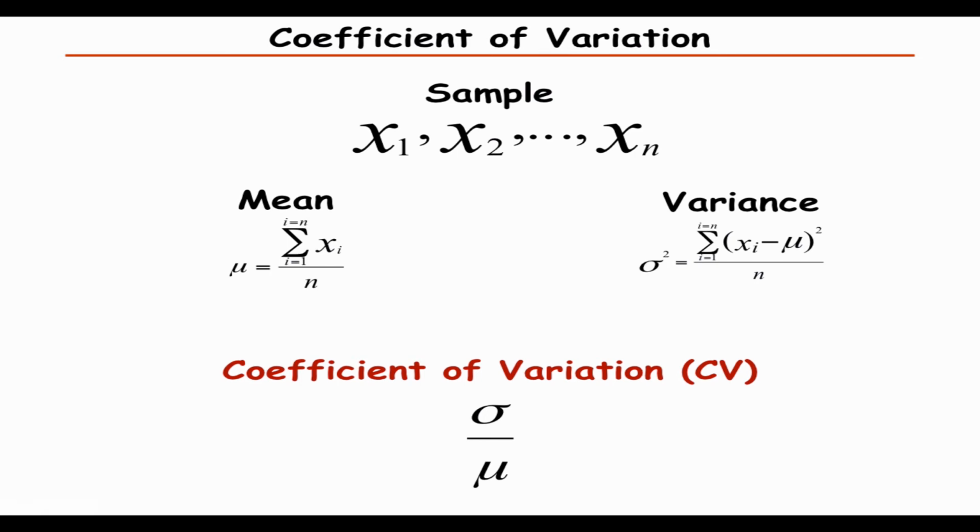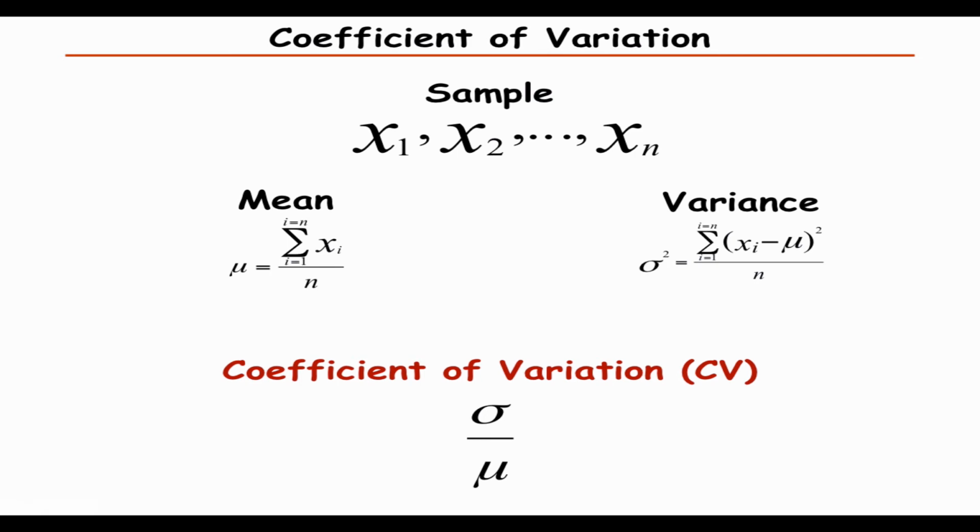This is the definition of what's called the coefficient of variation. It means that the standard deviation is proportional to the measurement, and in a lot of cases this is what we see.